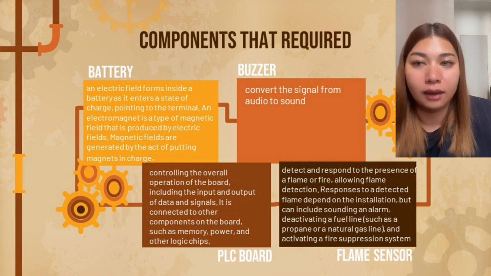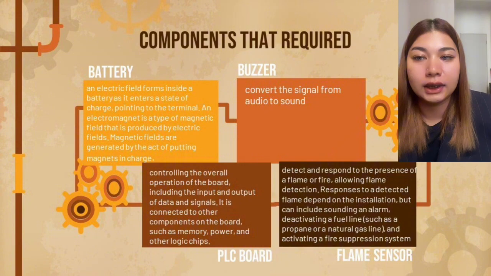Okay, second, buzzer. A buzzer is used to convert the signal from audio to sound. A buzzer also produces a magnetic field and it also changes the energy from electric energy to mechanical energy.